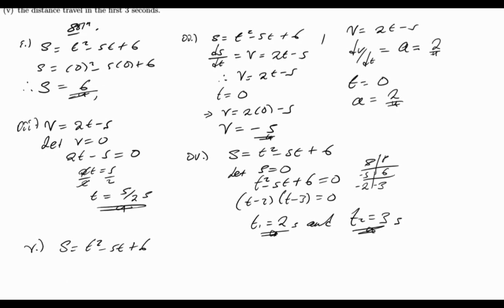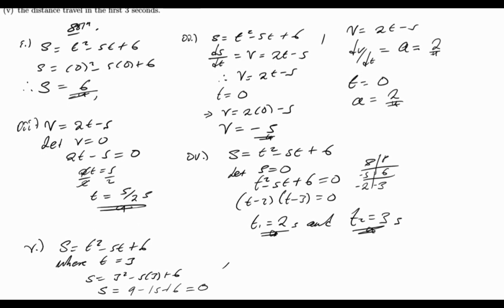So if we substitute where t is equal to 3, then s is equal to 3 squared minus 5 times 3 plus 6. So s here will be 9 minus 15 plus 6, and this in turn will give you 0.